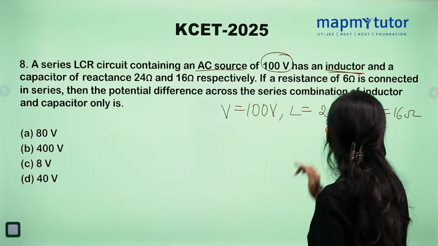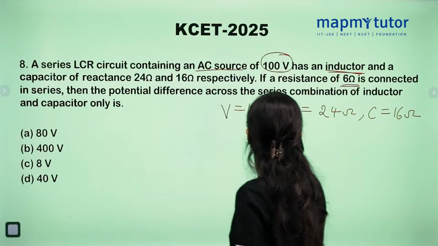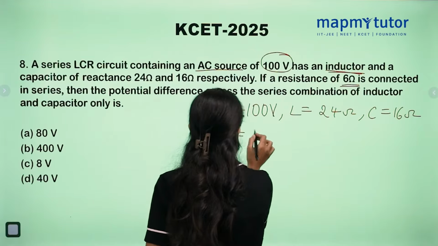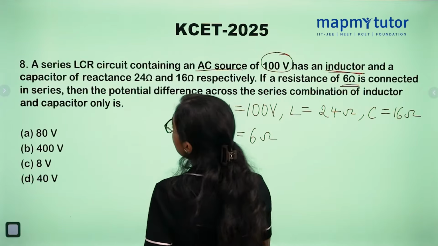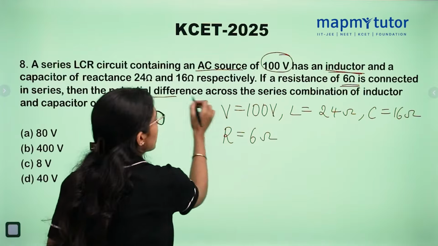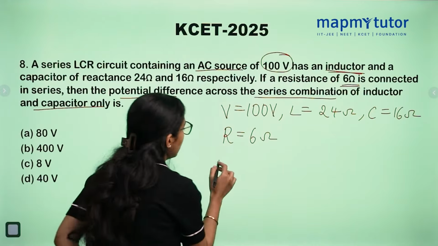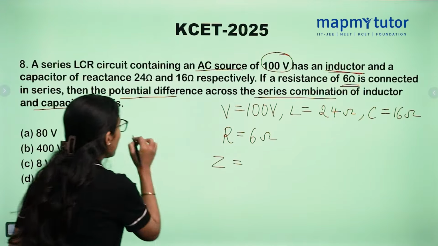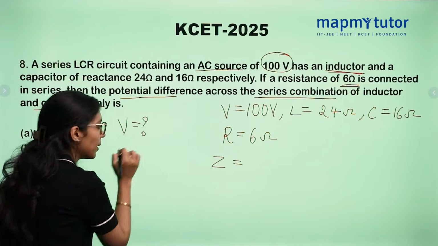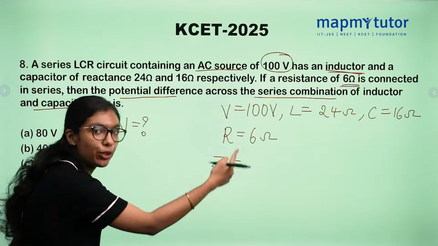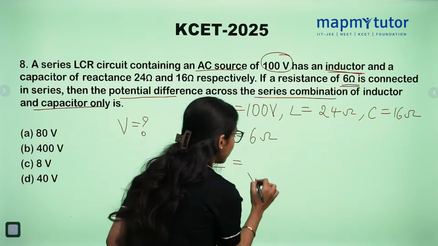If the resistance R is 6 ohm, connected in series, then the potential difference across the series combination of the inductor and capacitor will be? Now, we need to find out V here. But to go till V, you need to have Z, you need to have I. So that is what we are doing.